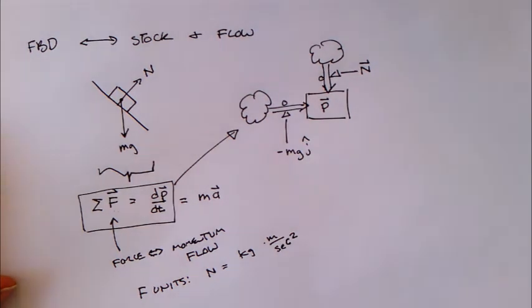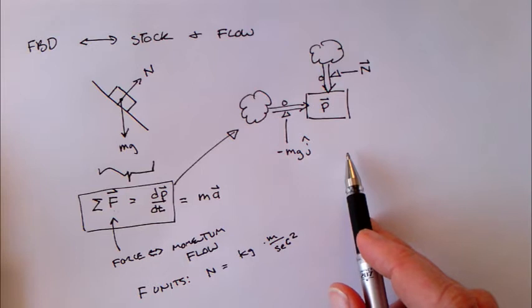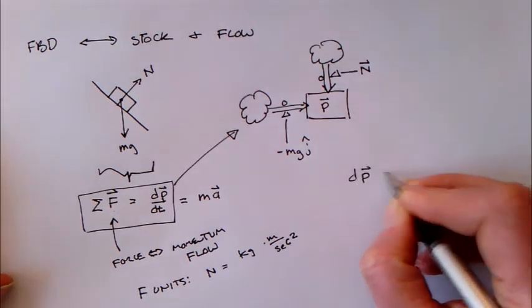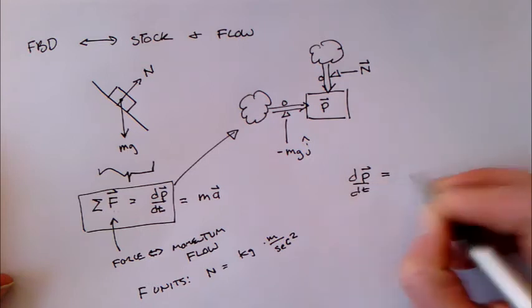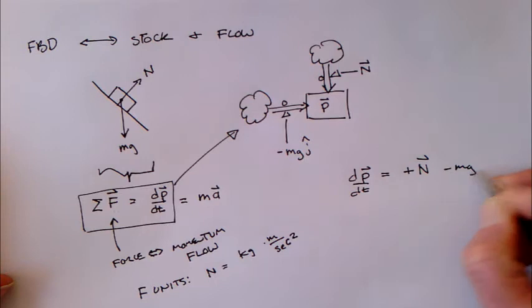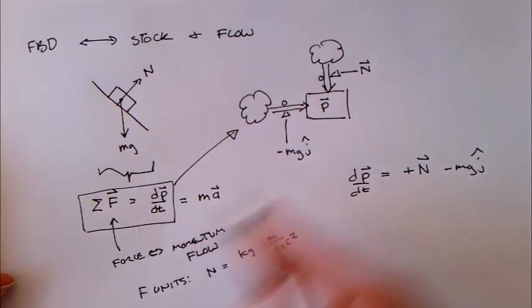Okay? And I certainly could look at this diagram and say, yep, I can write a differential equation for that. The time rate of change of the momentum is plus n vector minus mg j hat, which is the same differential equation that I would write here.